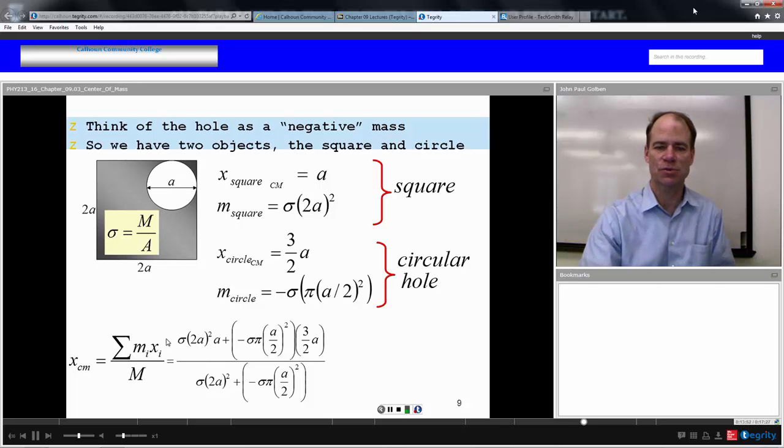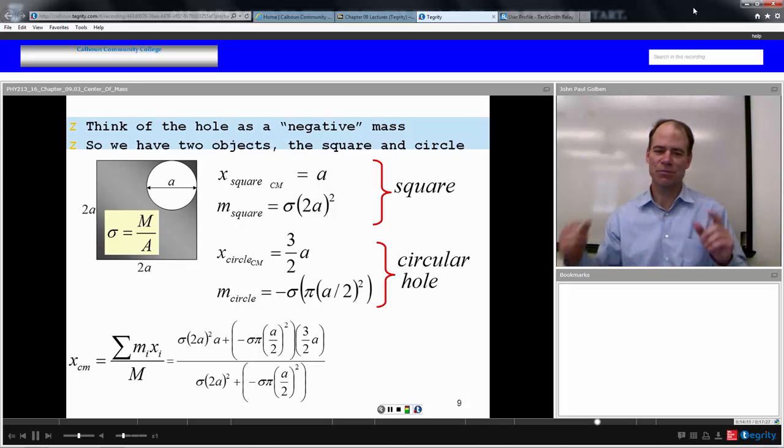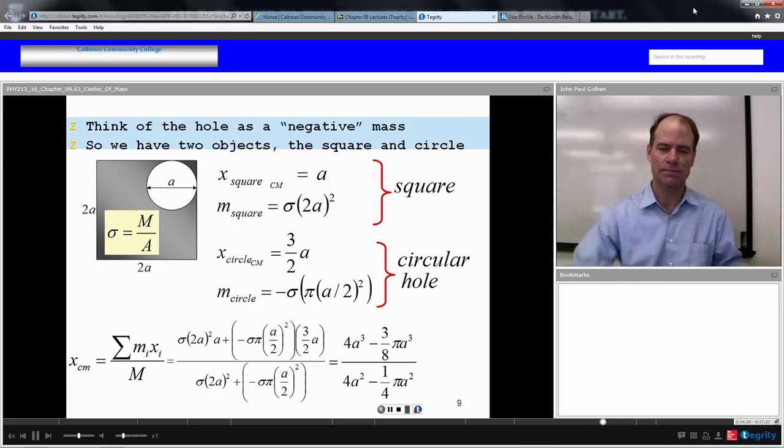So we have the square, its mass, sigma 2a squared, times its location, which is a, plus the hole, sigma pi (a divided by 2) squared, times its location 3/2 a, over the mass of the square plus the mass of the hole. I have sigma in both terms in the numerator and sigma in both terms in the denominator. If I divide top and bottom by sigma, I get rid of sigma. I end up with this.